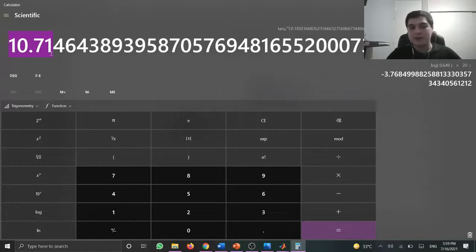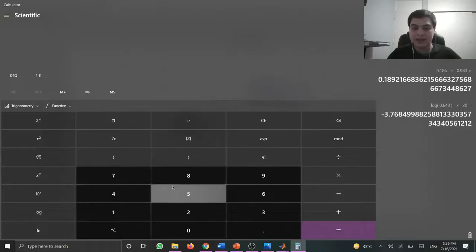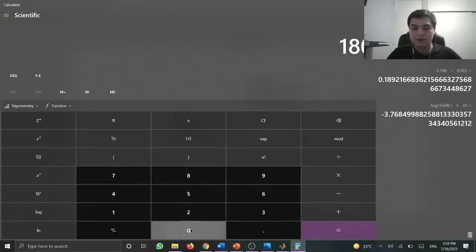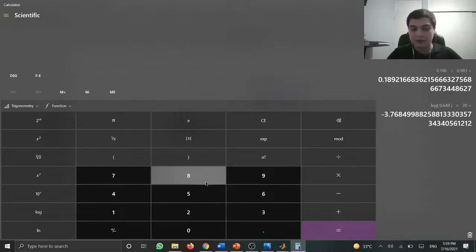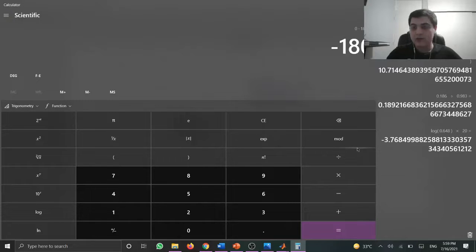To find the real phase value, we're going to sum the value we got from the inverse tangent with -180.